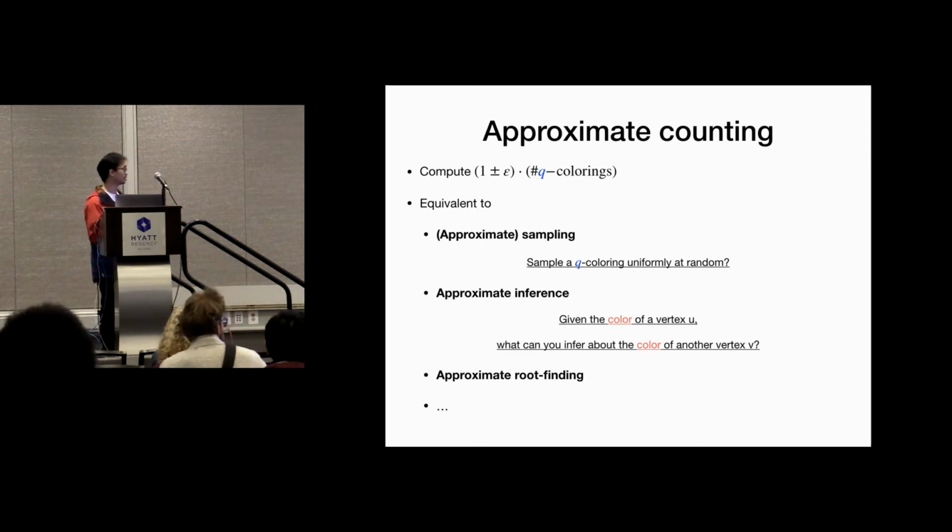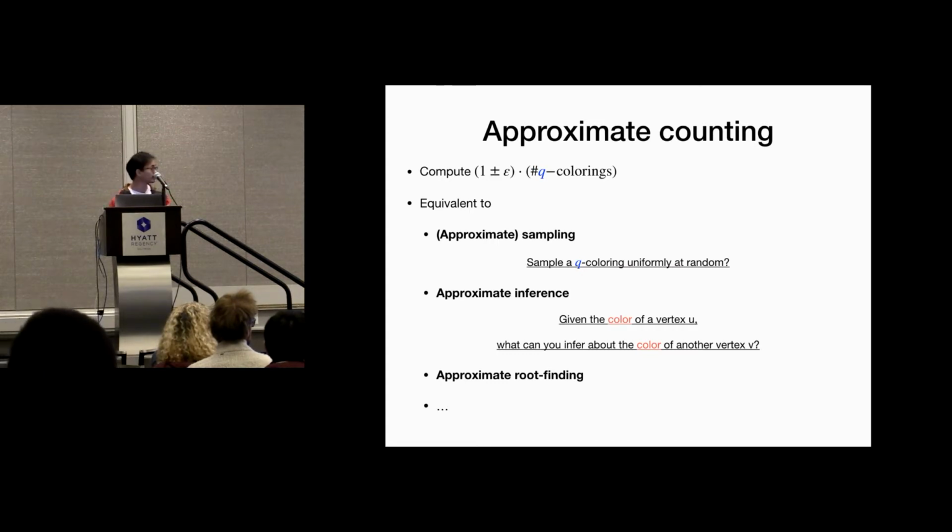This approximate counting problem is known to be equivalent to many other algorithmic tasks. For example, there's the sampling question, where you want to sample a Q-coloring uniformly at random. And the inference question, where you want to infer the probability distribution of the color of a vertex given some other boundary conditions. And many others.